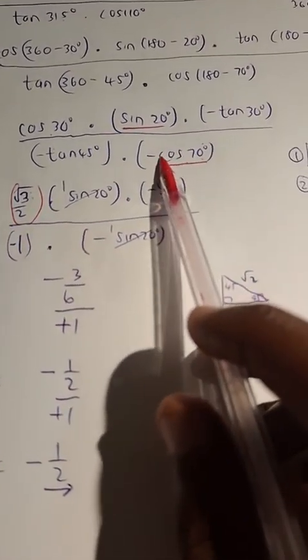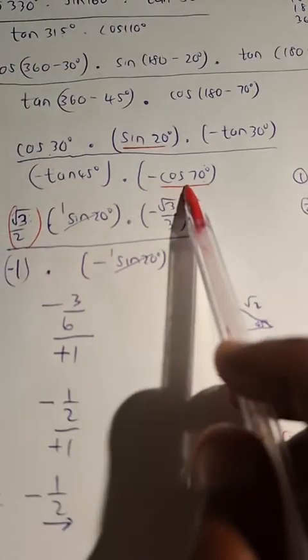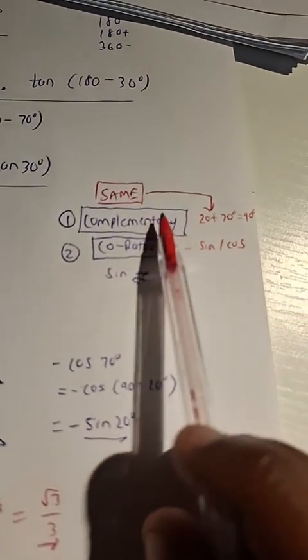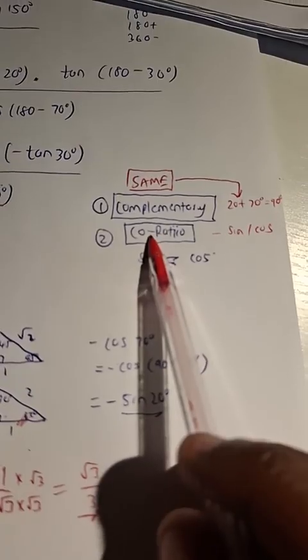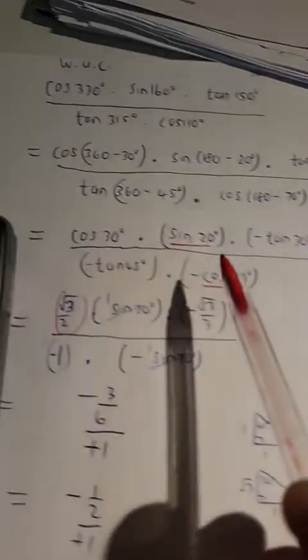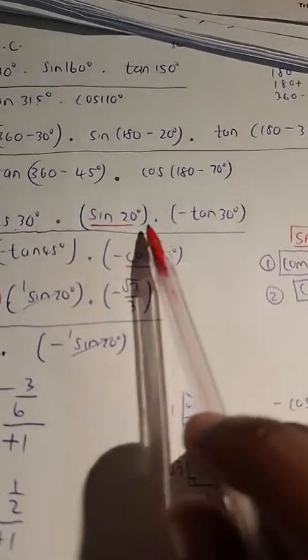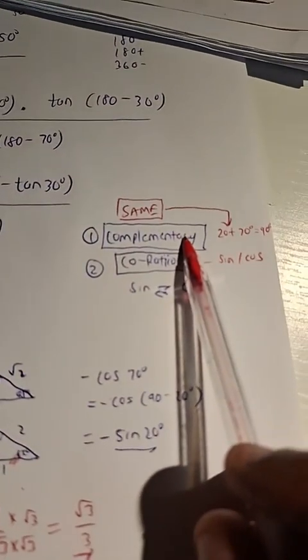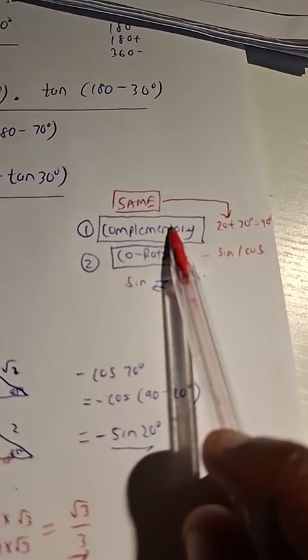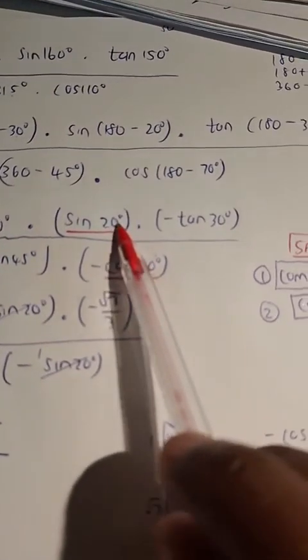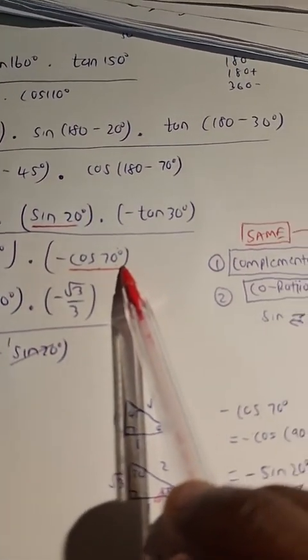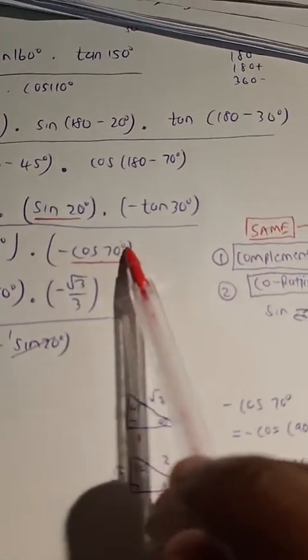And then negative cos 70. I said these two are what we refer to as complementary co-ratios. Take note that sometimes you will have some angles that are not special angles, but they will exhibit the qualities of complementary. What does complementary mean? Addition to 90. That means 20 and 70 are 90 degrees when you add them together.